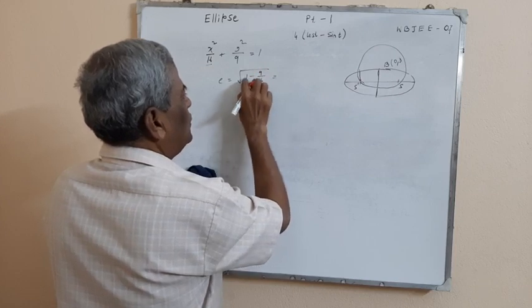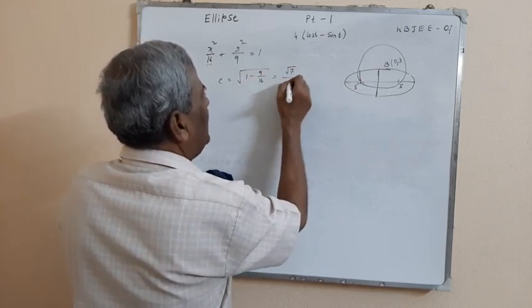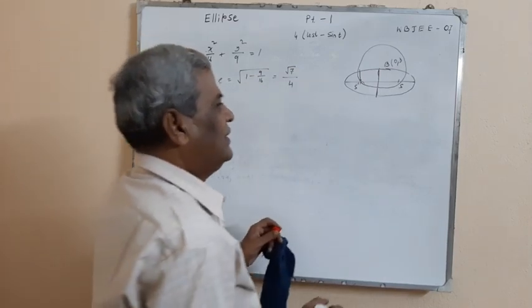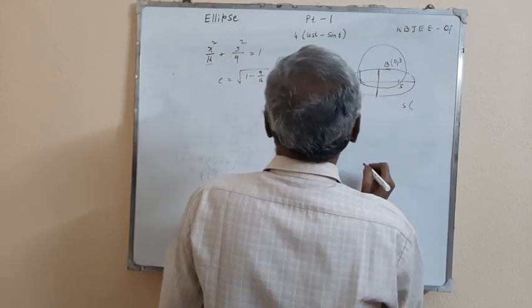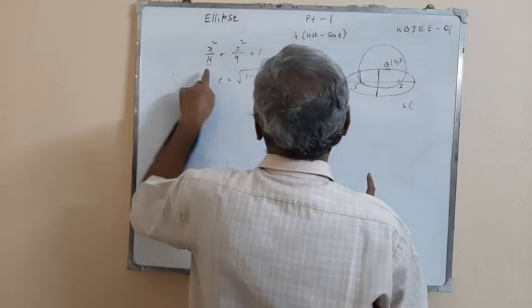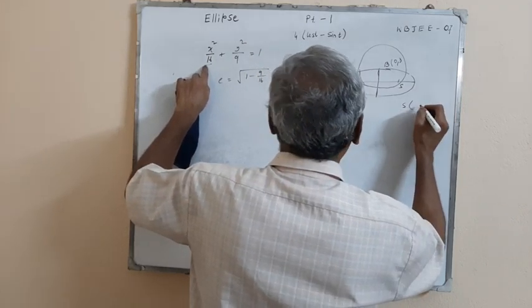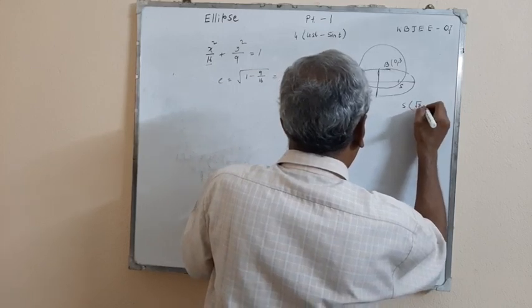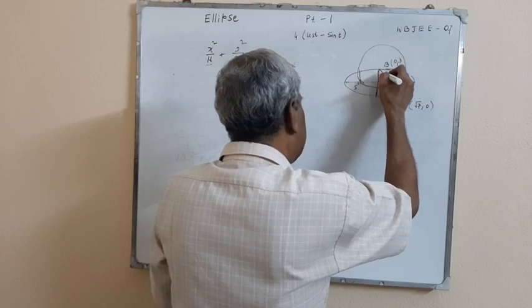That is root 7 divided by 4. e. Then the coordinate of S is equal to ae. a is 4. That is, it is equal to 4 into e, root 7 by 4 into 4. So it is root 7, 0. So the radius is that.